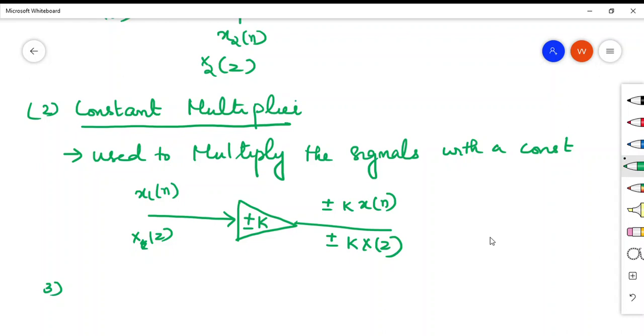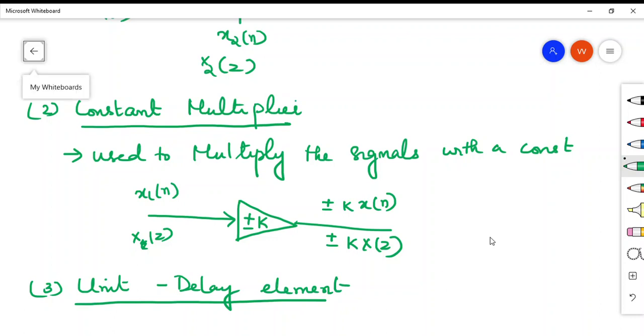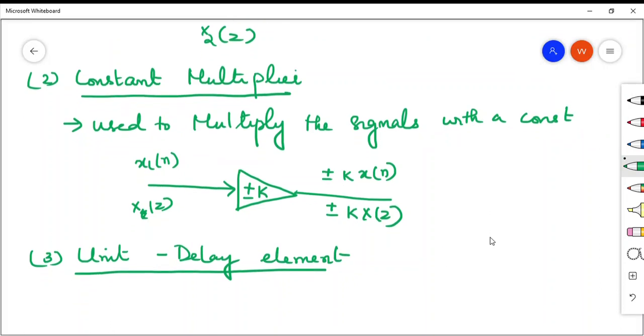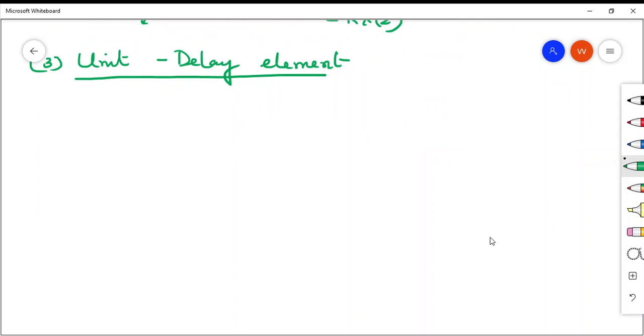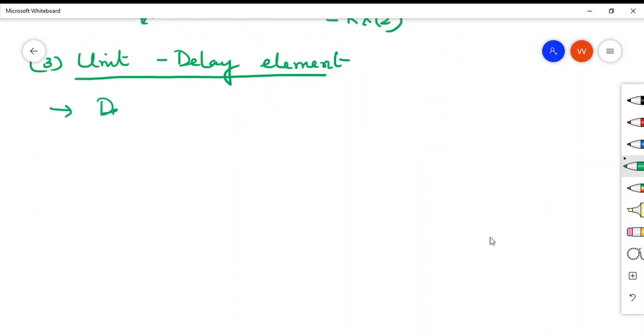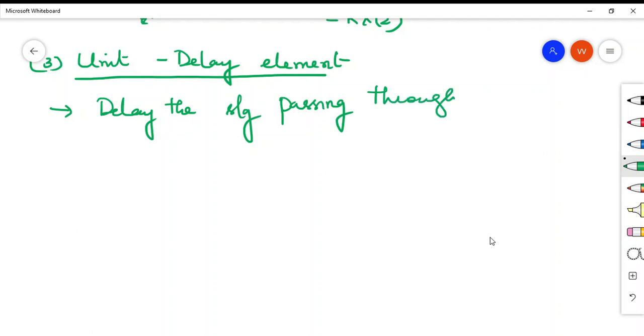Now, the third basic element is unit delay element. Now, unit delay element is used to delay the signal passing through it by one sampling time.